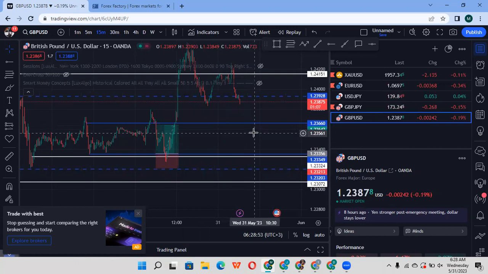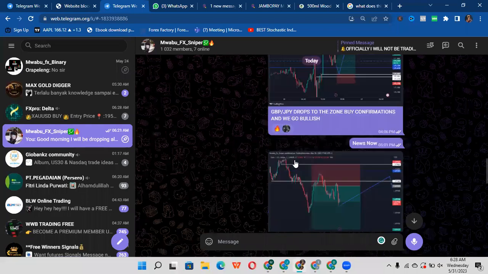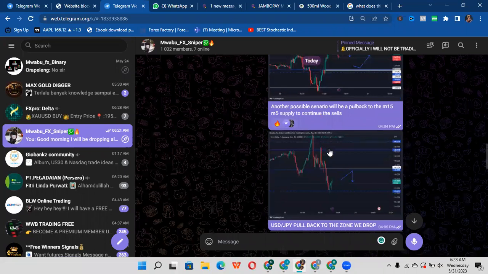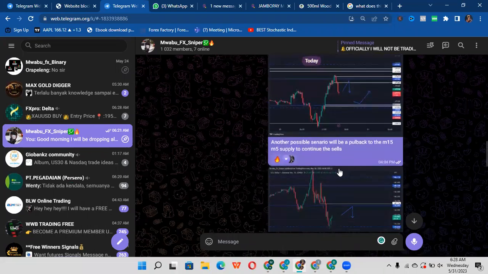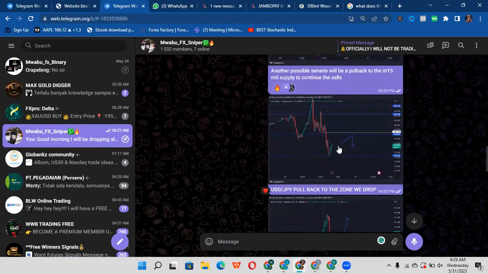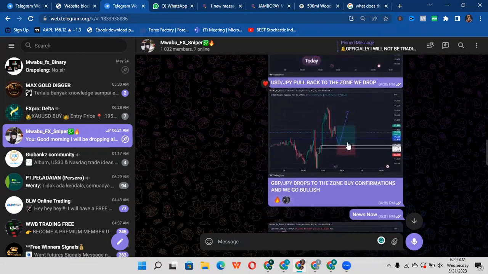First things first, I'll share with you an insight into yesterday's trades. I shared a trade on USD JPY. You are looking at this pullback to this zone, and then USD JPY pulls back to the zone and it drops.